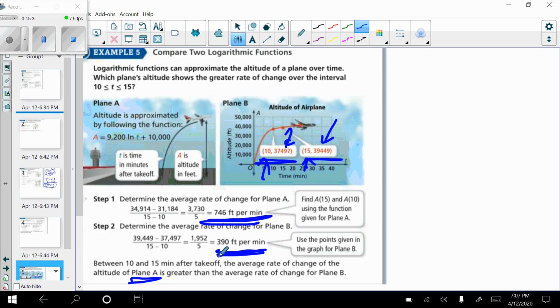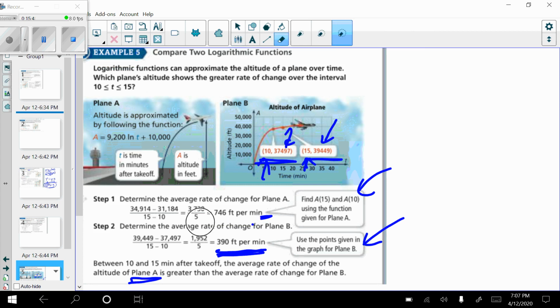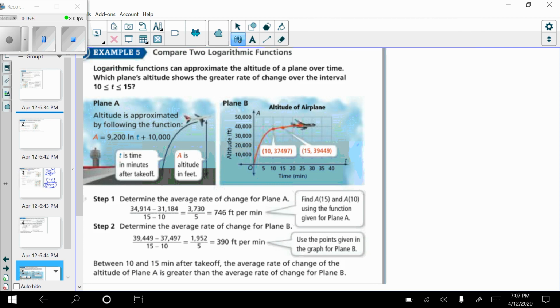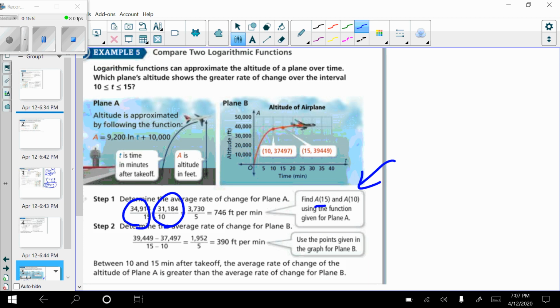Hopefully you read through this. Like I said, I'm putting these pictures of the book so you can read through. They give you, like, a read-over section on all these different examples. They kind of talk you through some of the stuff, because this book sometimes hides things, like where the heck did they come up with these ordered pairs? Well, that's what it says right here. Find A(15) and A(10) using the function, which means take this 10, plug it in, and get an A out.